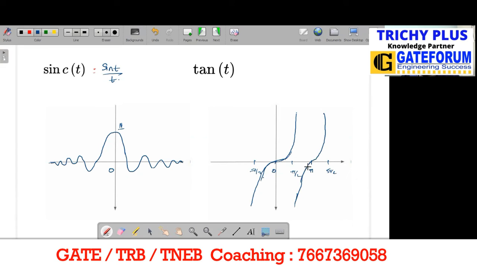This is how tan t looks. At t equal to pi by 2, this curve is going to plus infinity and this curve is going to minus infinity. So basically, at t equal to pi by 2, it is not defined.